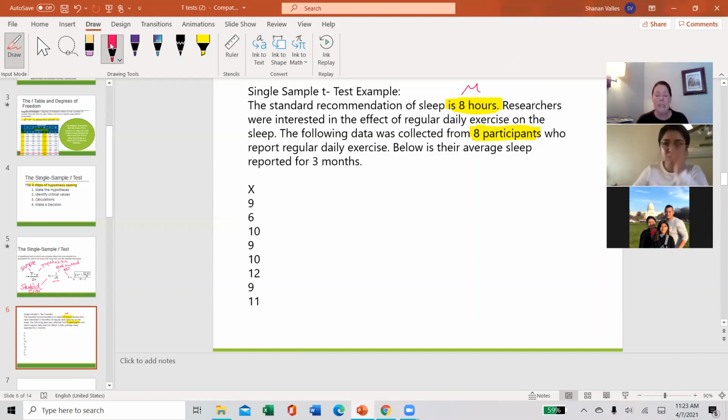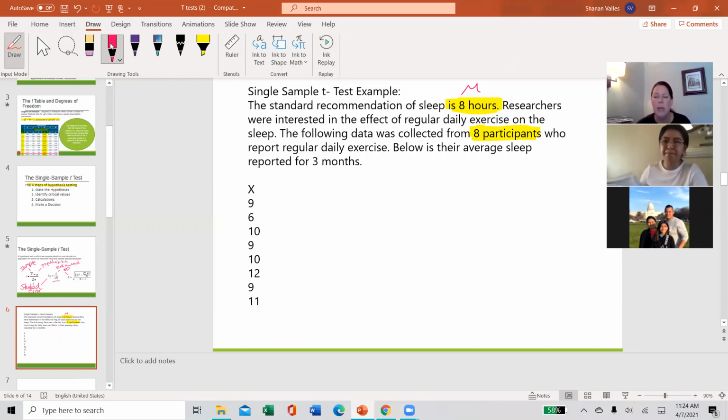It may say the national average is 8 hours, or the population mean is 8 hours. In the example yesterday, we were using the Snickers bars and the claim that a Snickers bar should weigh 58.7 grams. That's a company claim. Whenever you hear a company claim, that's also going to be your population average.